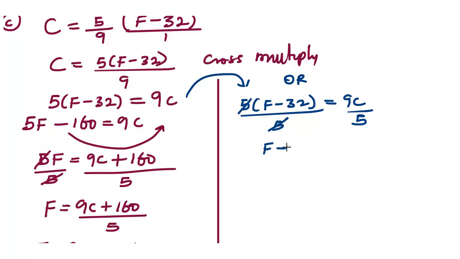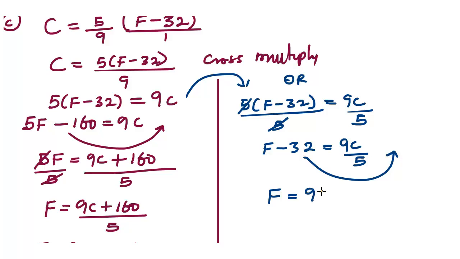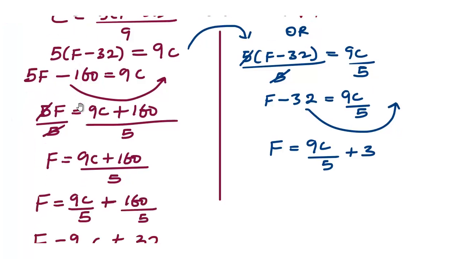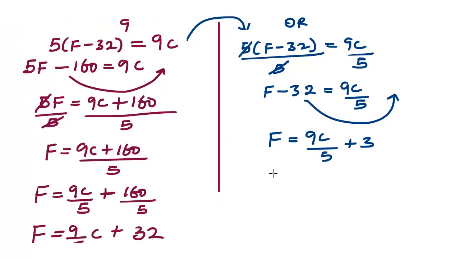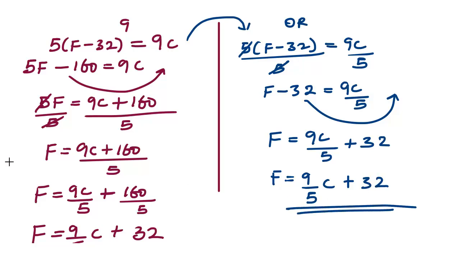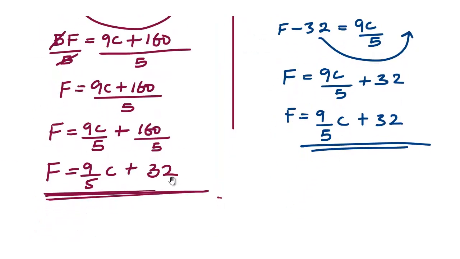So I have F minus 32 is equal to 9C over 5. To make F the subject of the formula, I've moved minus 32 to this side and it will become plus. So we have F is equal to 9C over 5 plus 32. If I want to write it in standard mathematics notation, F is equal to 9 over 5 C plus 32. So if you compare the two, you see that we have the same thing.